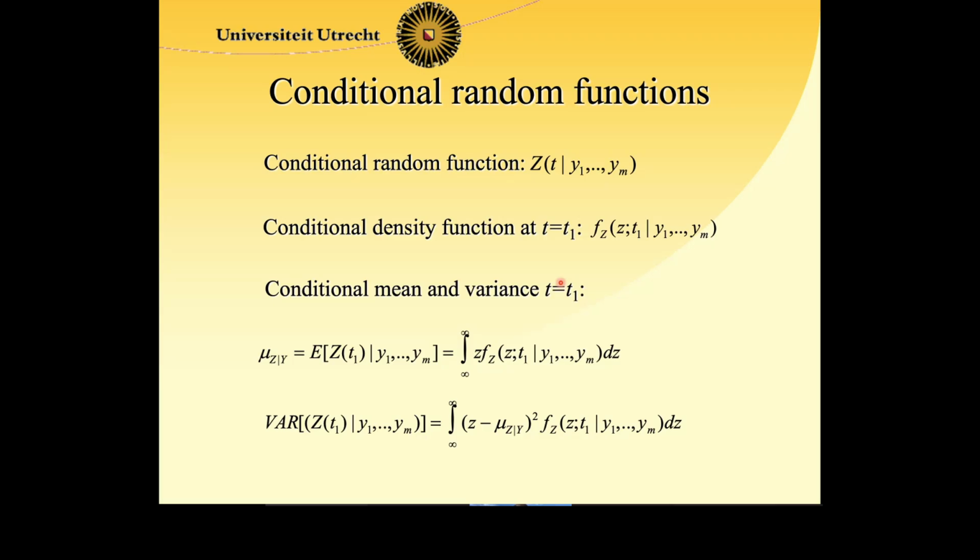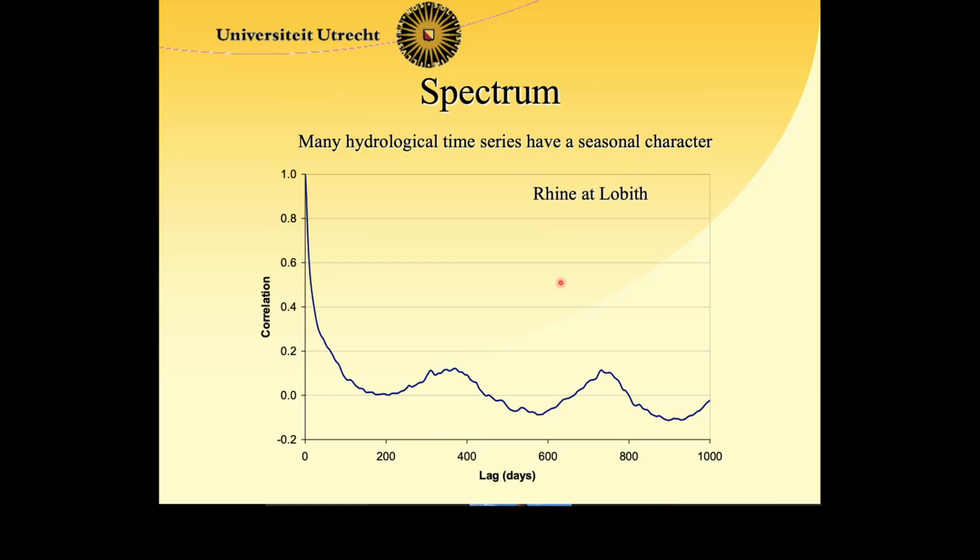Now let's move back to an old friend of ours, the Rhine discharges. What I've plotted here is the correlation function of the Rhine discharge. Now what you can see is there's something happening here. It goes to 0, say after 60 days, and then after 200 days, so it's quite a long correlation.